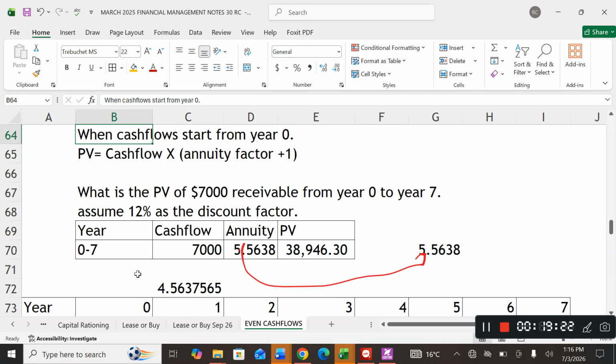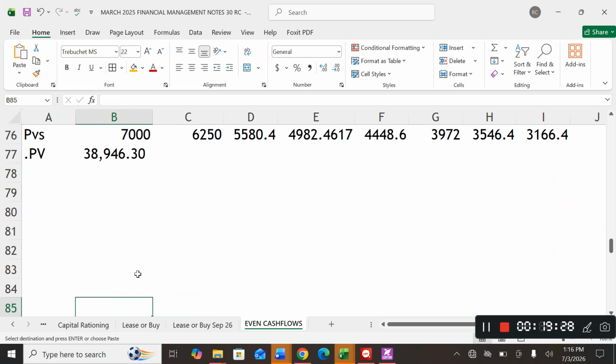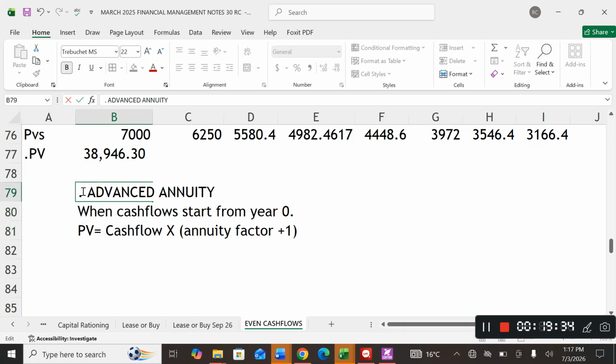Let us look at number 3, which is a delayed annuity. I'm just copying that to save time. Now we have a delayed annuity, which is the last one.